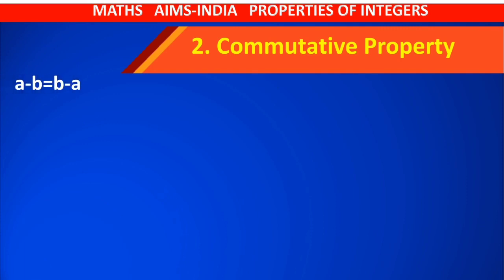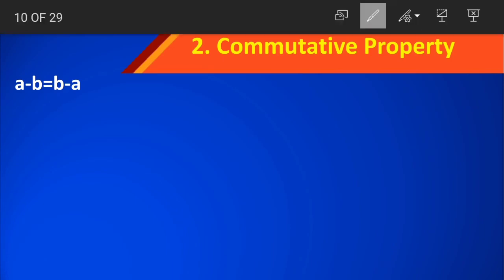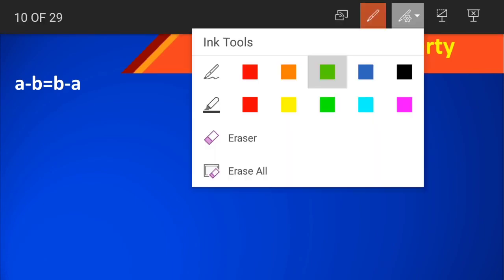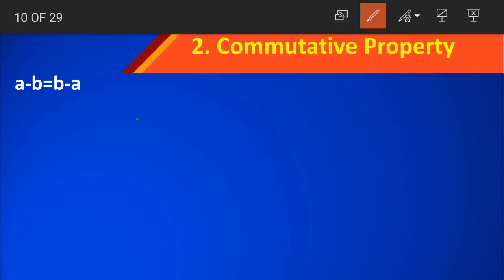The next operation is subtraction. For subtraction, the condition for satisfaction is a minus b is equal to b minus a. When we take two integers a and b, then a minus b should be equal to b minus a.